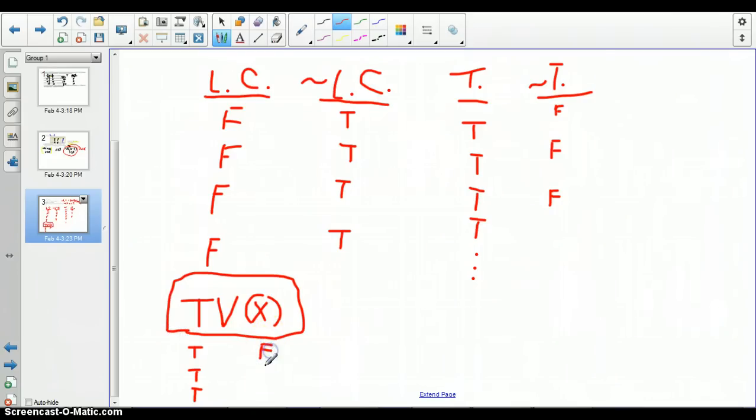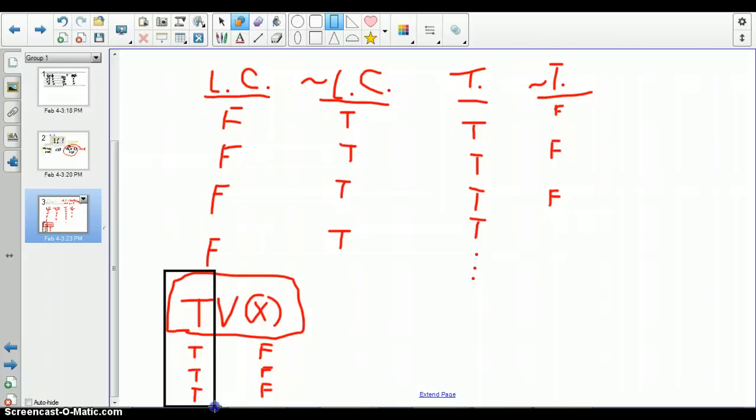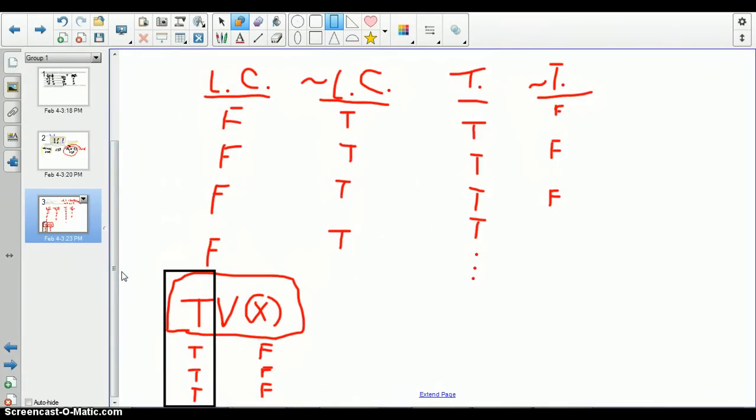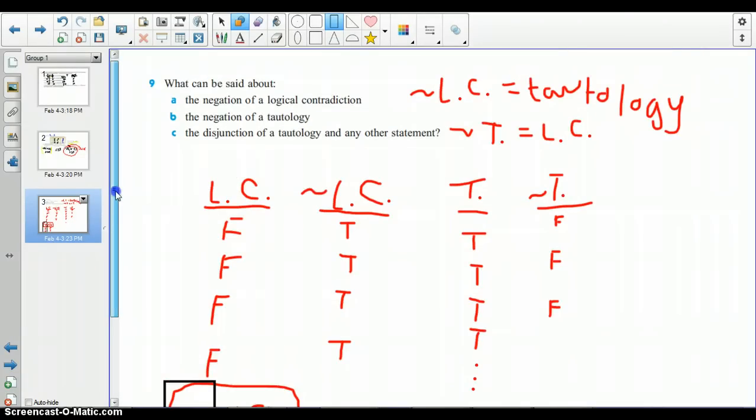Even if this other statement is a logical contradiction, since the tautology is included in there, either one or both have to be correct. The tautology ensures that one is always correct. So the disjunction of a tautology and any other statement is a tautology itself. It's always true.